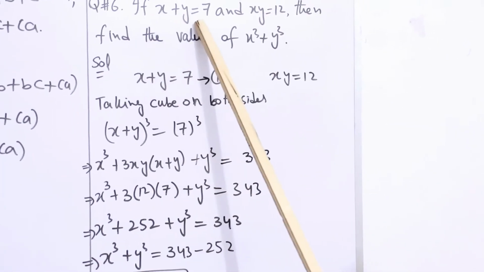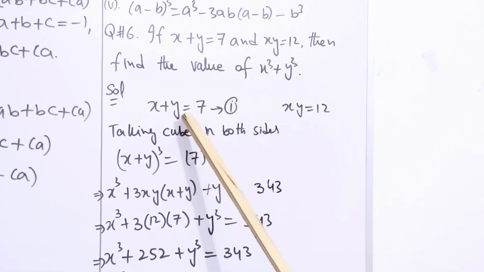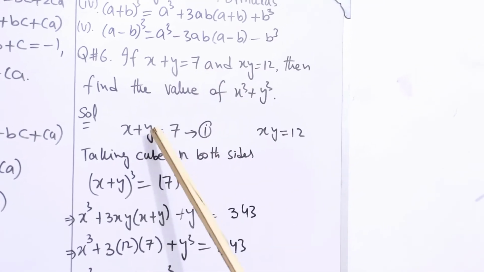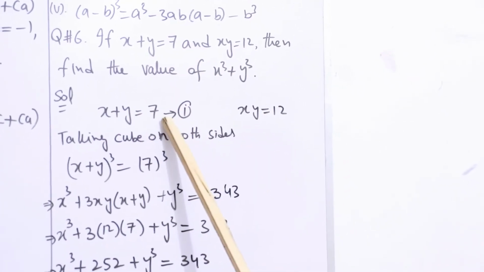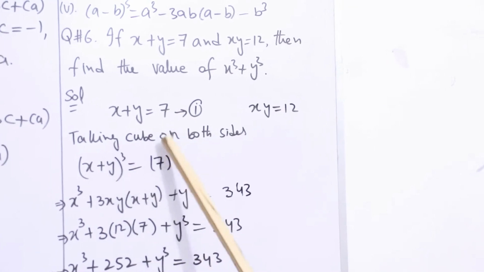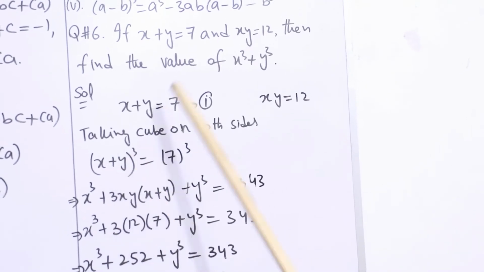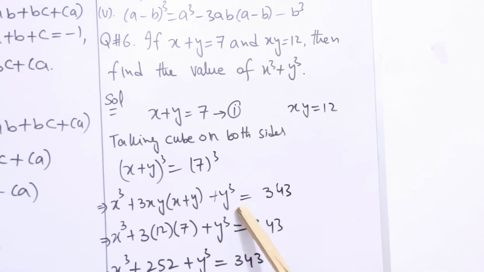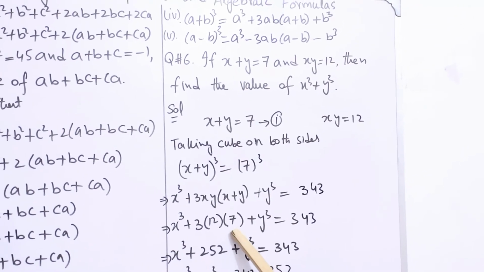If x + y is equal to 7 and xy is equal to 12, then find the value of x³ + y³. We take this as equation 1, taking cube on both sides of equation 1. When we take the cube, just using this formula, we can write this: xy is equal to 12, x + y is equal to 7.